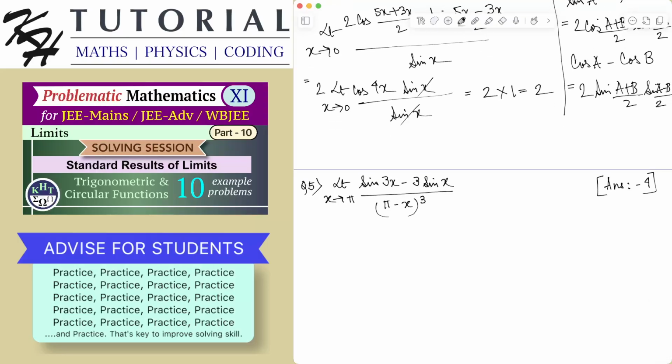Limit x tending to pi of (sin 3x minus 3 sin x) divided by (pi minus x) whole cube. Sometimes it is a good idea to express the given limiting problem so that the limiting value is tending to 0 by doing some kind of substitution.